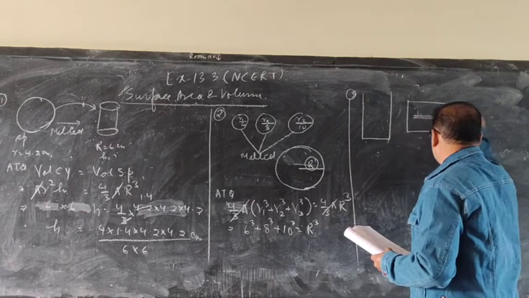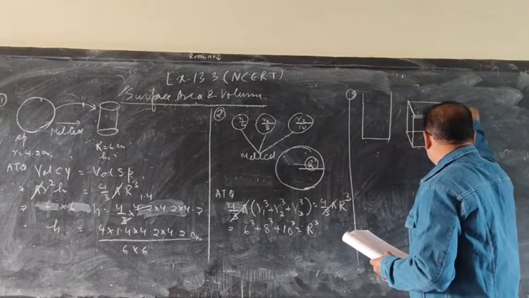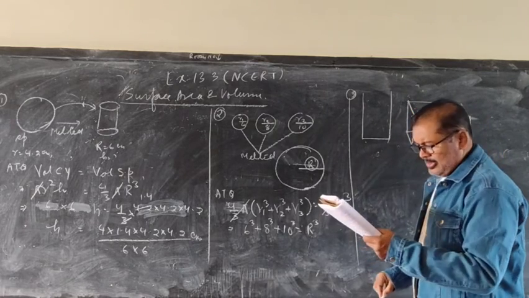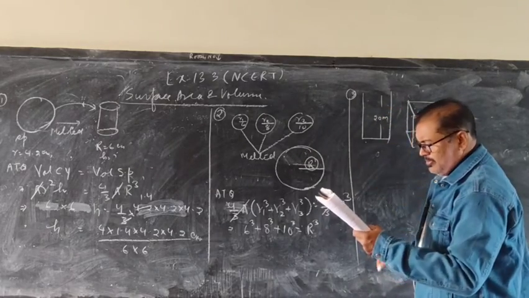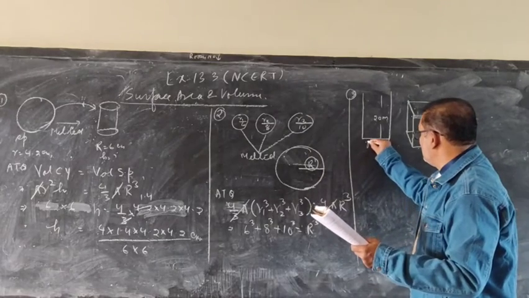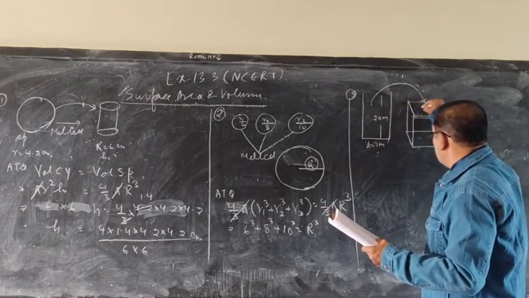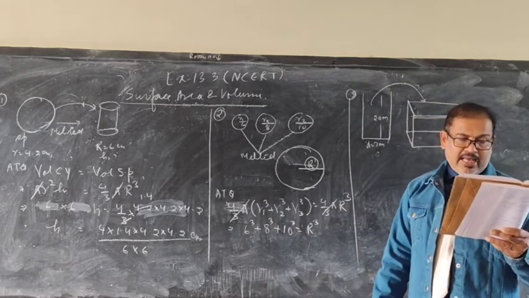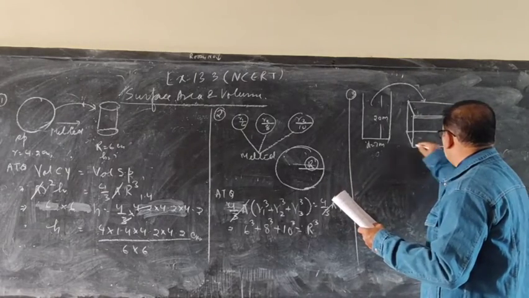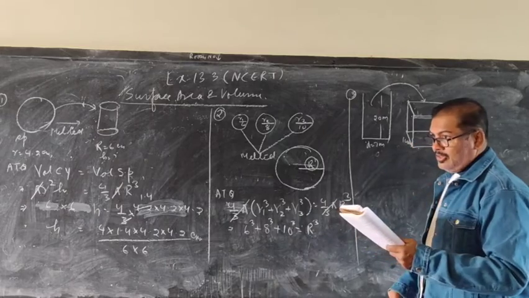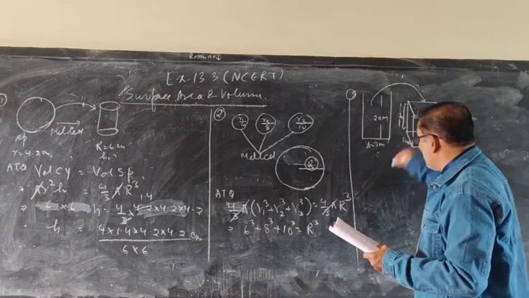The well is 20 meter deep and 7 meter in diameter. This earth is evenly spread on the piece of land, which is 22 meter by 14 meter. So how much has its height increased? You have to find this height.